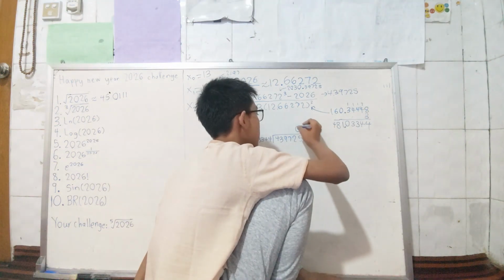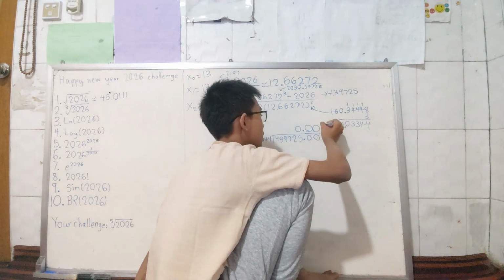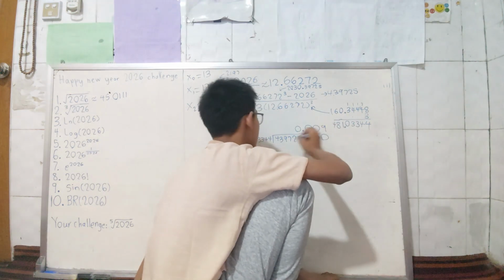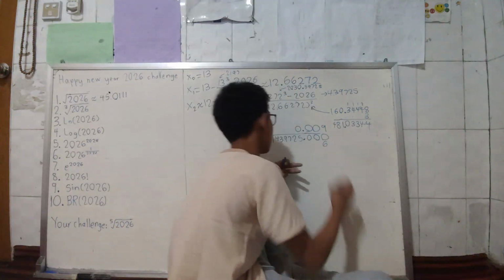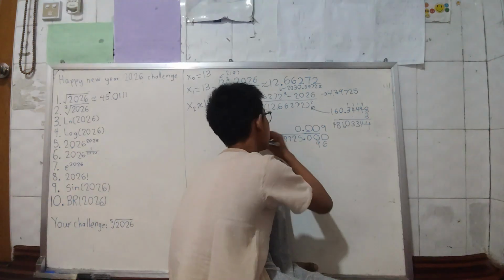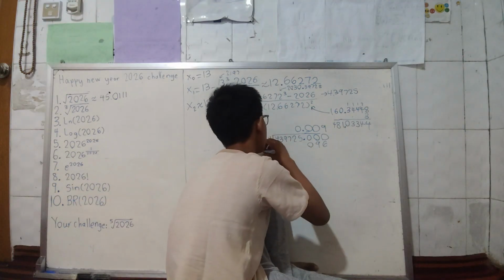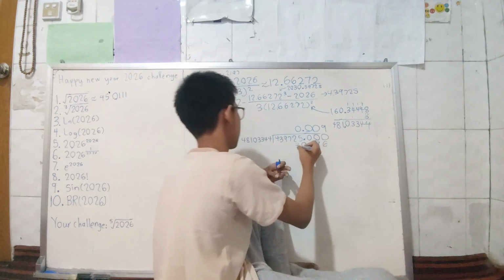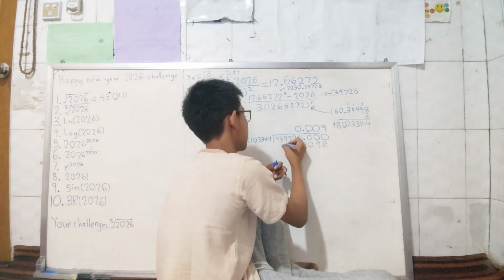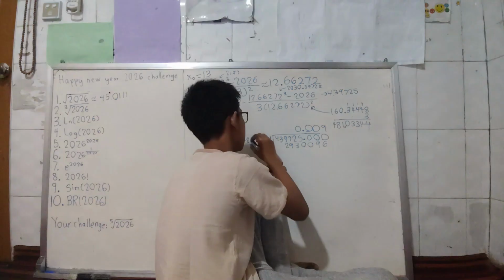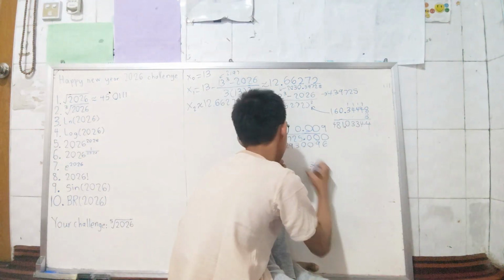So that's going to be 0.009. 4 times 9 is 36, it's going to be 39. 3 times 9 is 27, that's going to be 30. That's going to be 9. 8 times 9 is 72. And then 4 times 9 is 36, so that's going to be 43.